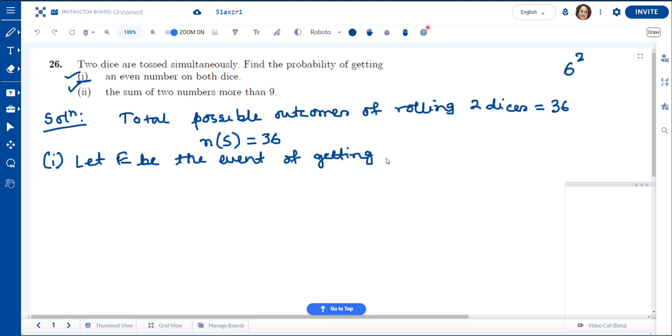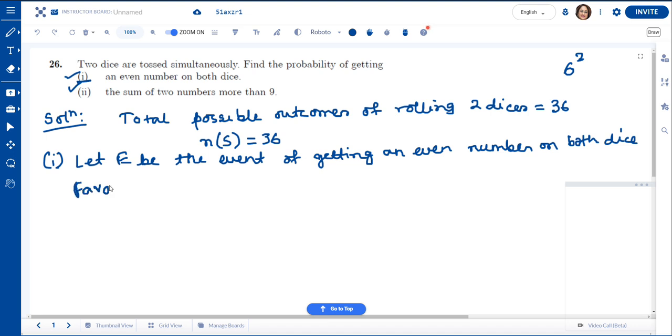This is the way you should write during the exam also. I have just added the line, let E be the event, then whatever is given in the question, I have written accordingly. Now, for getting an even number on both the dice, what are the favorable outcomes?